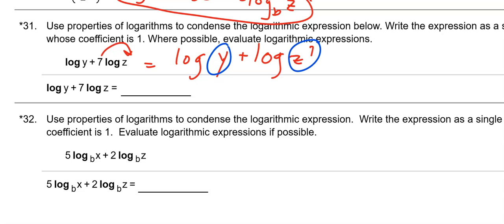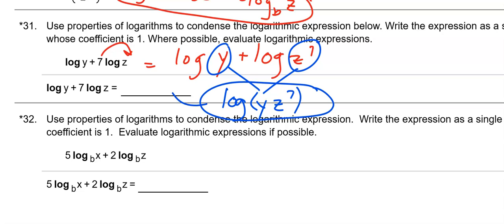And we got to do something with those two things, because we see addition. We're going to multiply those together into a single logarithm, so log yz to the 7th. And that's really it right there. So we moved the 7, made it an exponent, and then multiplied the arguments together to make a single logarithm.